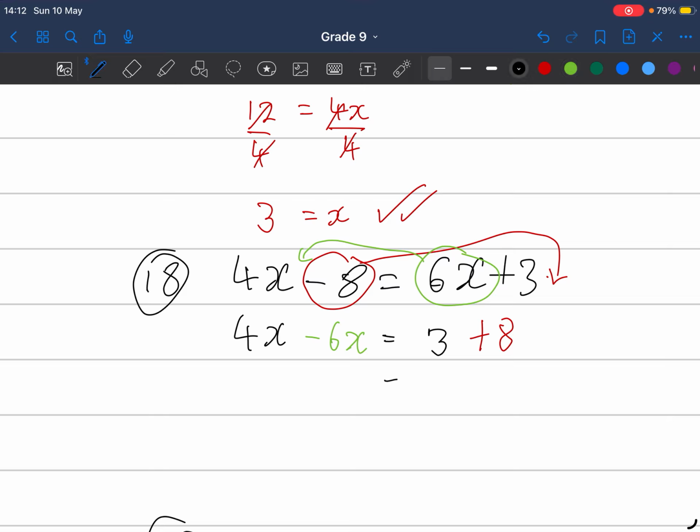So now on my left hand side I should have negative 2x. On my right hand side I should have 11. Now I need to treat this by dividing by negative 2 on both sides. x is equal to negative 11 over 2.